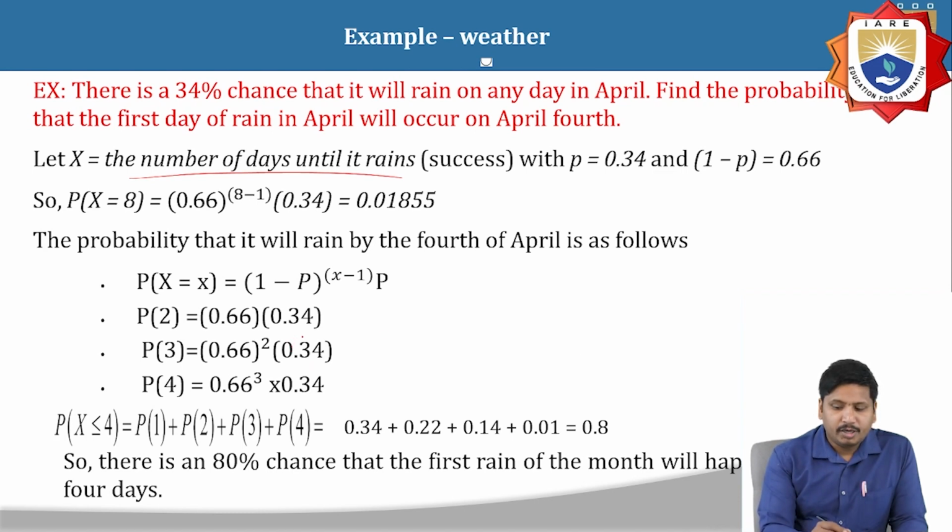So P of X is equal to p times (1 minus p) to the power of x minus 1.